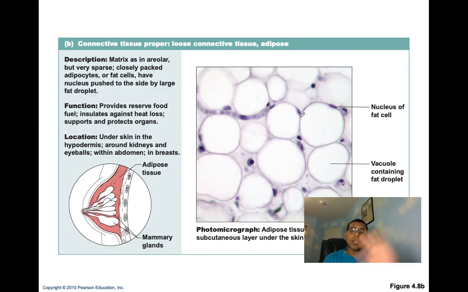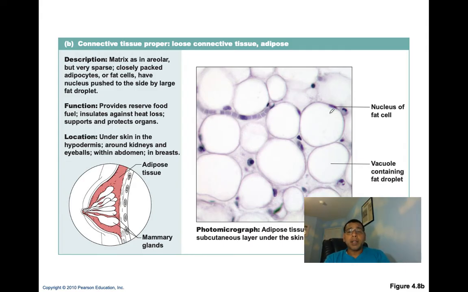Why are they pushed to the periphery? Because inside of the adipocyte is what you're going to find the lipid droplet. So the fat goes in and it pushes everything off to the side and it takes over the center. So these cells are described as a diamond ring sometimes.